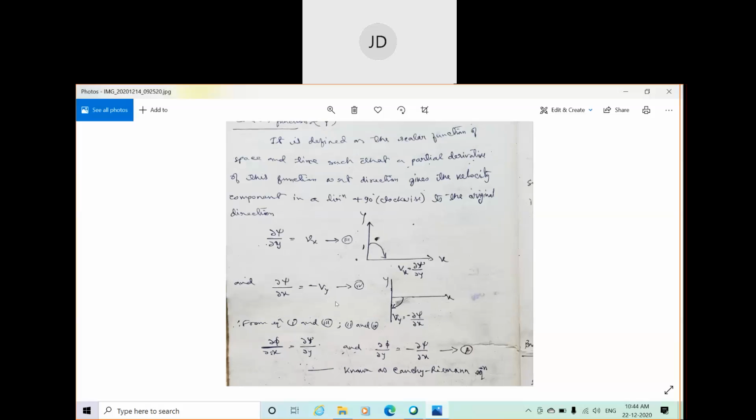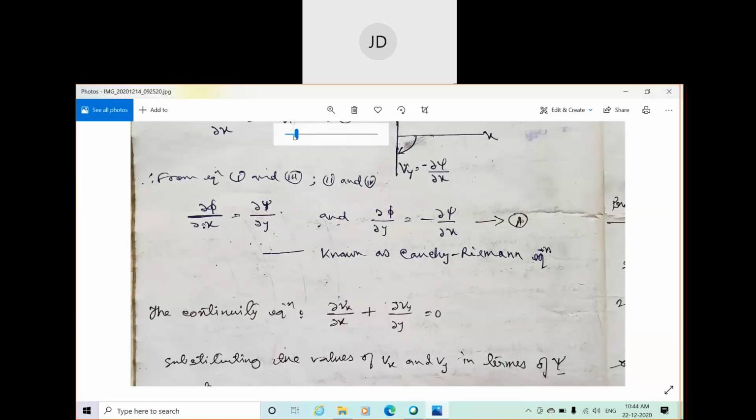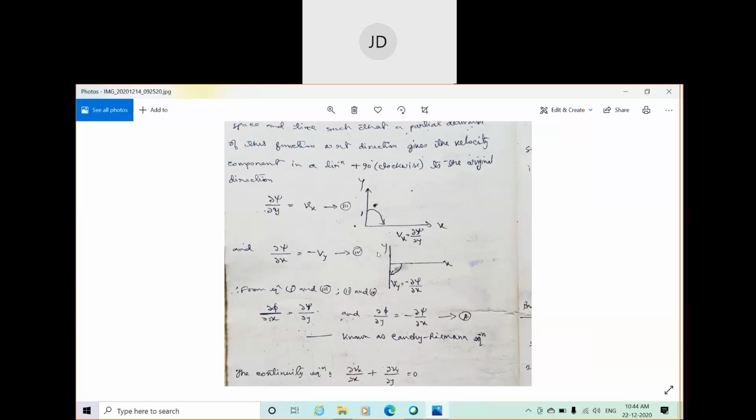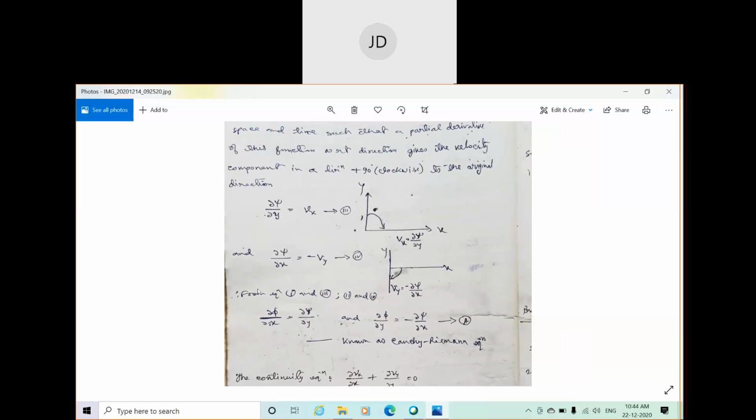After getting this equation, till now we have four equations, or four relations, of stream function and velocity potential. Comparing all these four equations, we can find the general equation: del phi by del x equal to del xi by del y, and del phi by del y equal to minus del xi by del x.